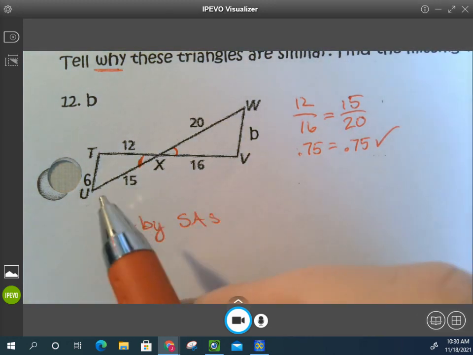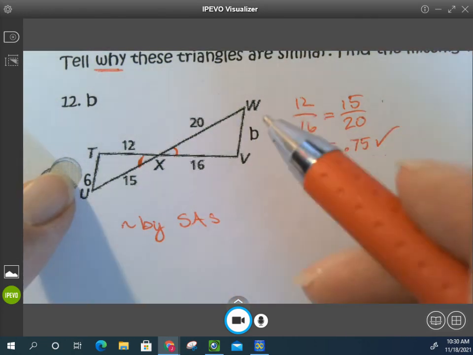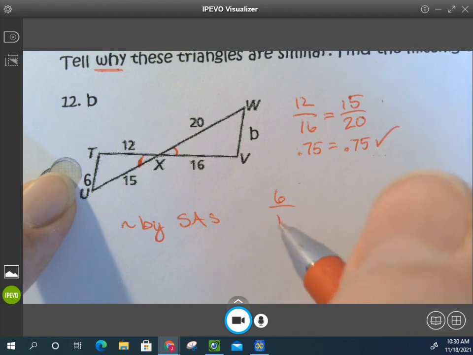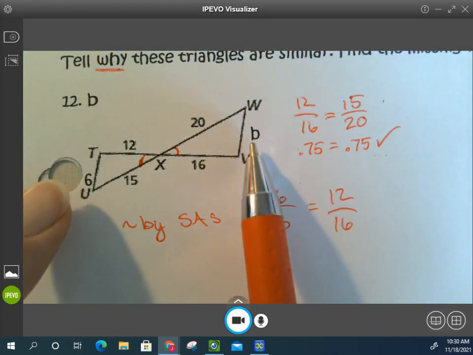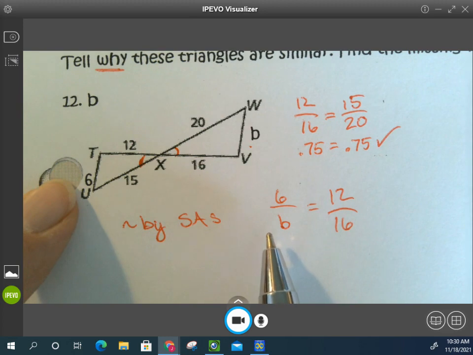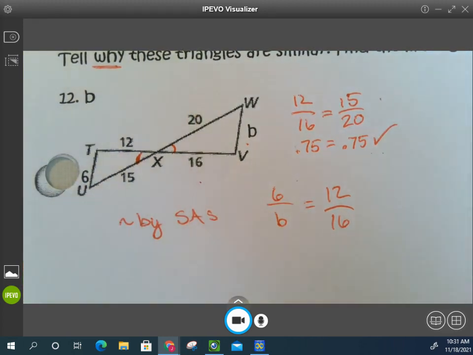So now that I know they're similar, I can find B. So here's what I want to do. The 6 goes with B. I need that, and I only need one other proportion, so I'm just going to do the 12 and 16. So here's where you guys need to be careful. If I'm looking for B, I obviously need to put that in a proportion and then pick one other set. So I don't need this to solve it.